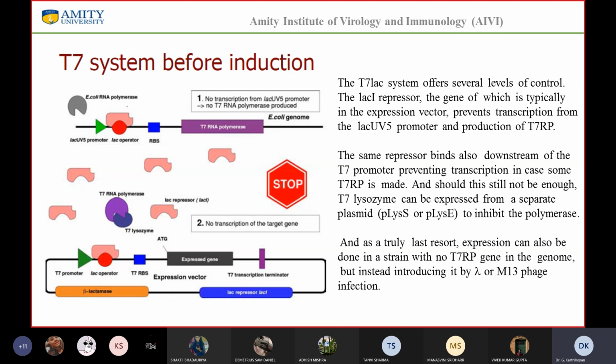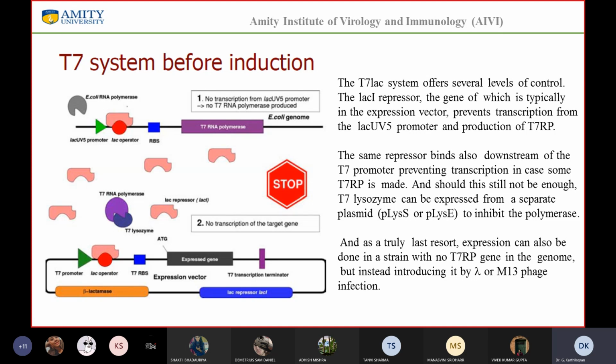Okay. So this is a specially engineered bacterium that carries the T7 RNA polymerase gene, along with certain things, in the E. coli genome. See, E. coli should not be having T7 stuff, but as I said, this is a genetically engineered E. coli which carries the T7 RNA polymerase gene in it. Upstream of this is the lac UV5 promoter, which is a synthetic promoter, followed by the lac operator, followed by the ribosome binding site, and then you have the T7 RNA polymerase.